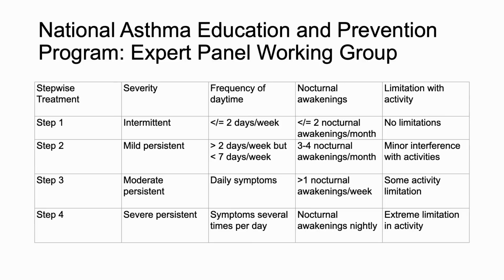A patient with moderate persistent asthma has daily symptoms with at least 1 nocturnal awakening per week and some limitations with activity. A patient with severe persistent asthma has symptoms several times per day, nocturnal awakenings nightly, and has extreme limitation in activity.